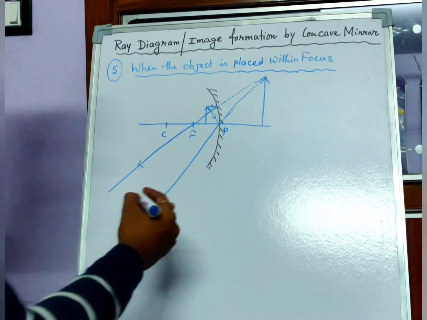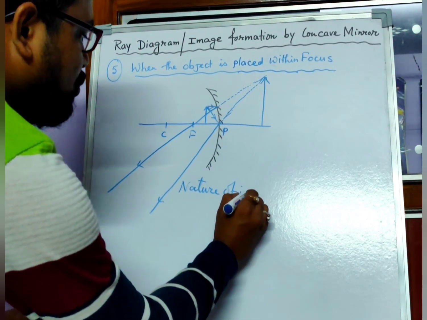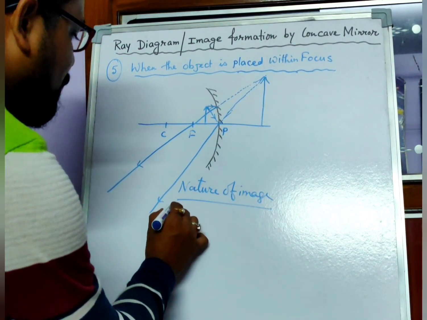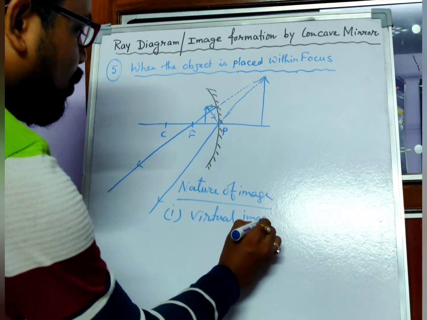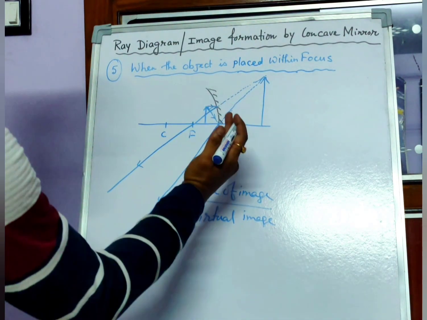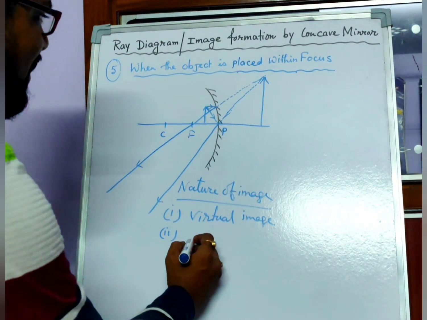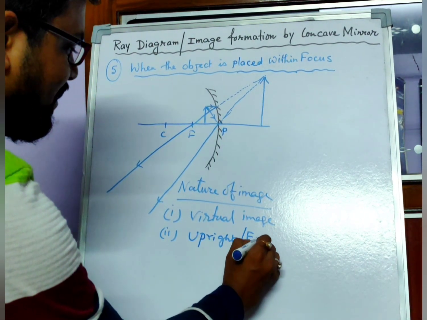Anything behind the mirror means the nature of the image is virtual. Remember that anything behind the mirror means a virtual image. Second, this is not upside down or inverted, this is upside up. Another name for upside up is upright, or erect image.